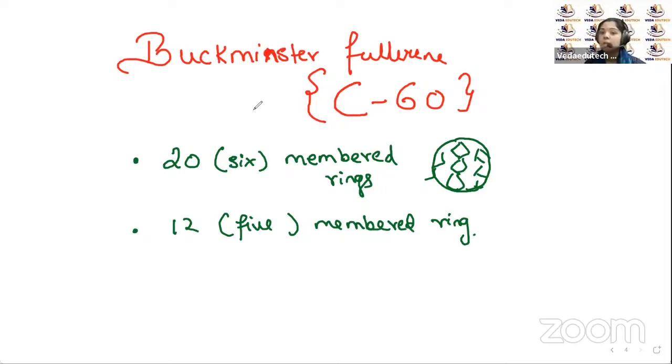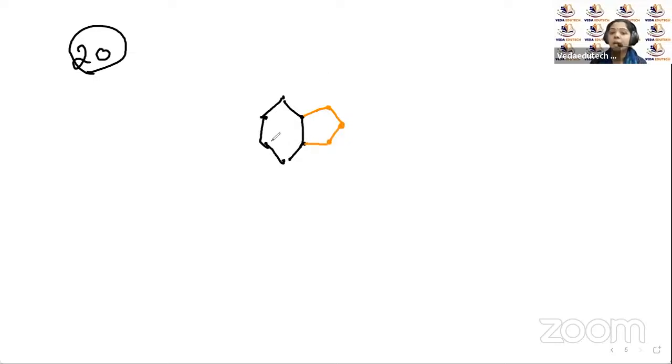It has 20 rings made up of 6 members, like this: 1, 2, 3, 4, 5, 6. So there will be 20 of those. And the 5-membered ones will be 12, like 1, 2, 3, 4, 5, like this.